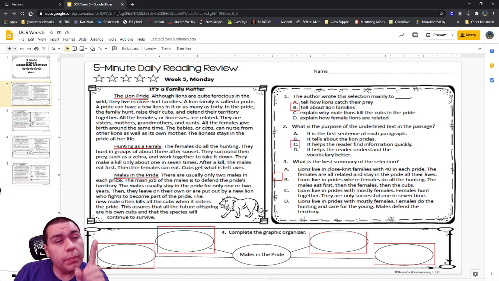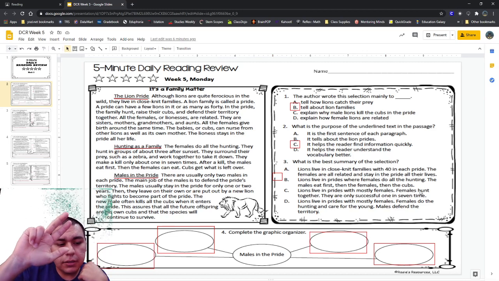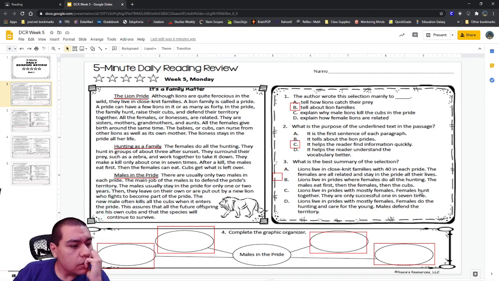Well, that does talk about paragraph 1, living together in prides. It talked about paragraph 2 because it talked about hunting. Does it talk about what the males do? No, it left out the part about the males. So that one was a good summary for paragraphs 1 and 2, but not paragraph 3.